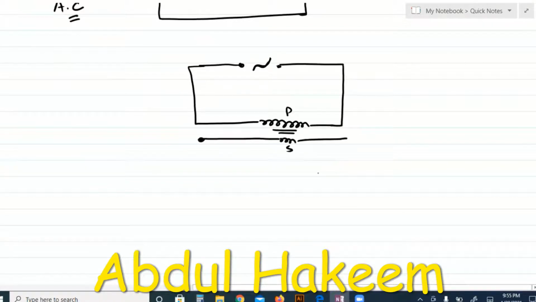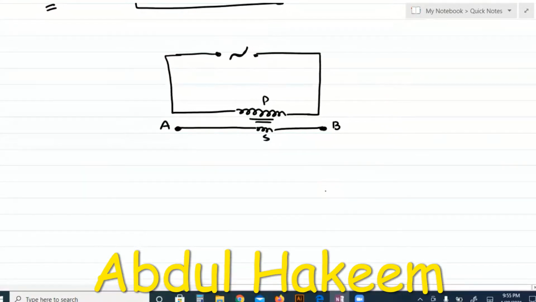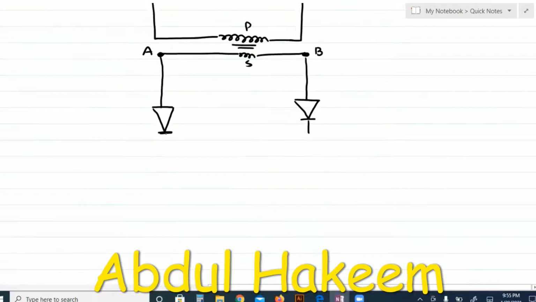These two are the output terminals of the transformer, and low voltage across AB. Then these terminals are connected with two diodes, one connected with A and the other connected with the B side, and then both are connected with a common resistor for the output, and this is the earth source.